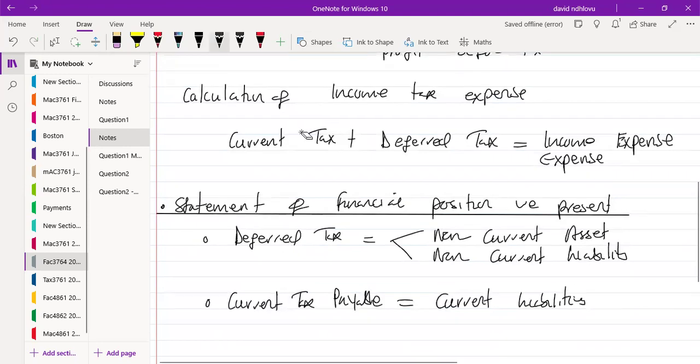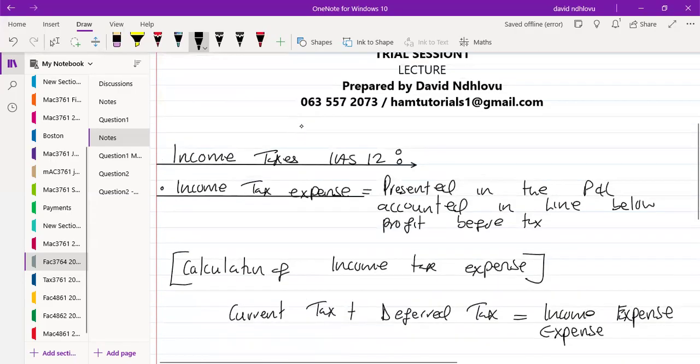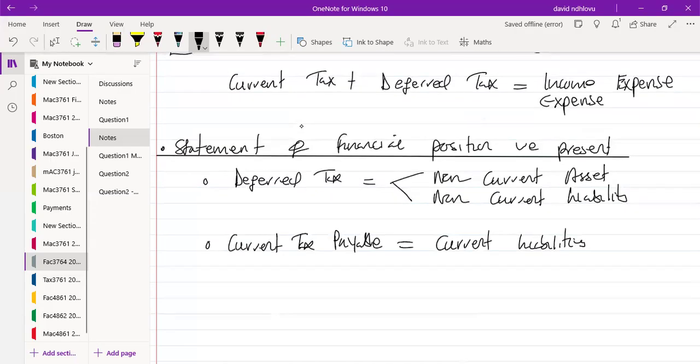We also discussed how you calculate that amount. Then in the statement of financial position, you will have deferred tax, which is either an asset or a liability, under non-current assets or non-current liabilities.